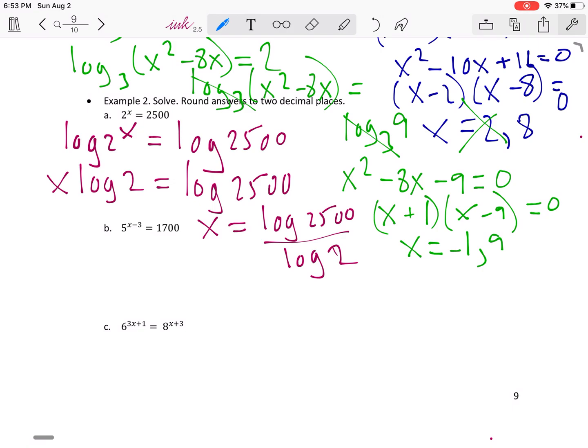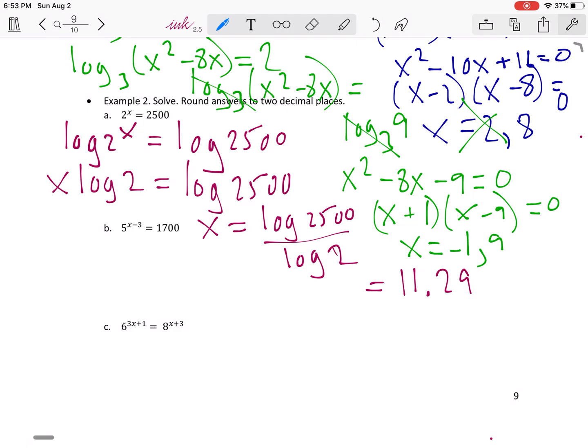Okay, so what you do is you take 2500, take the log of that, and then divide it by the logarithm of 2, and you should get an answer of 11.29. Okay, so that's rounded to 2 decimals.